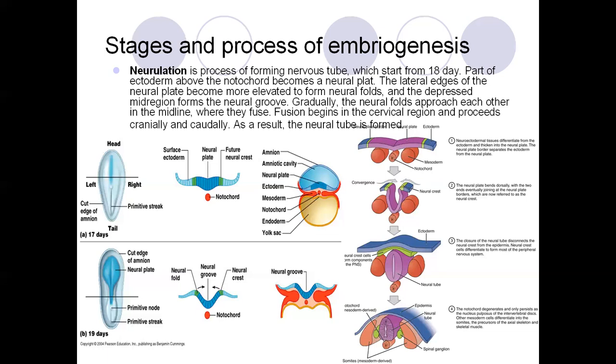This cell population, the neural crest, will migrate and give rise to parasympathetic and sympathetic ganglia, dermal melanocytes, adrenal medulla, organs of senses, and spinal ganglia. So, the neural tube in future will form the spinal cord and brain. Neural crest cells will form ganglia, nerves, dermal melanocytes, and organs of senses.